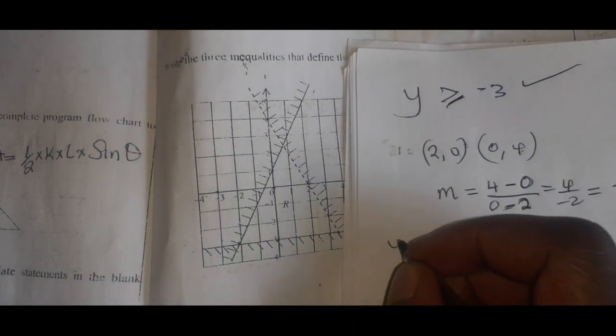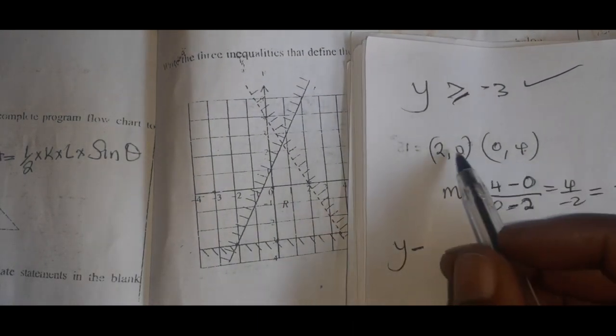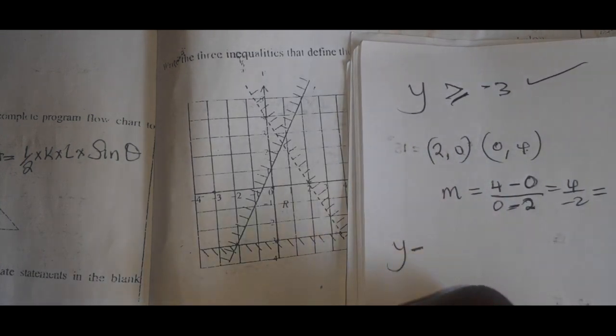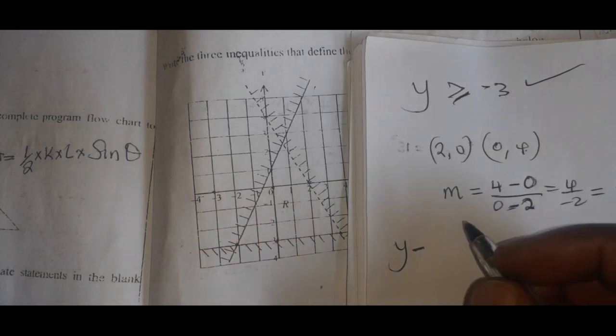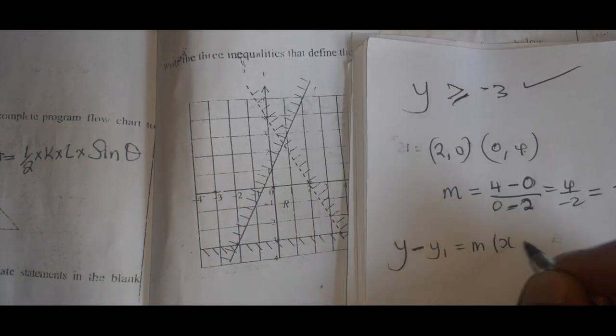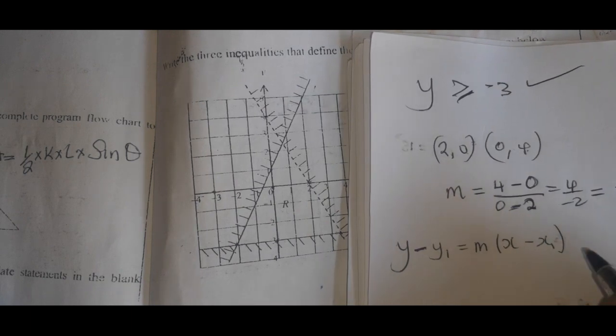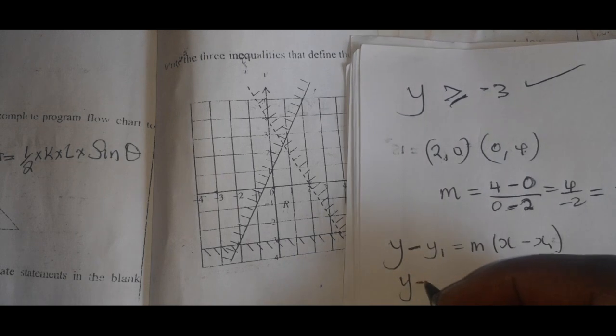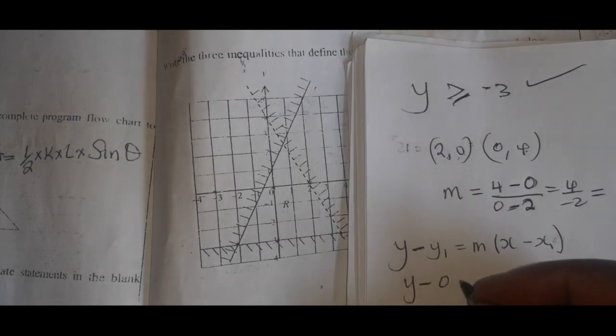So then we can write the equation using one of these points. Remember the other part where we were writing an equation using this formula. Do we remember? So we can use the first one. y minus, what is the y coordinate? It's 0.